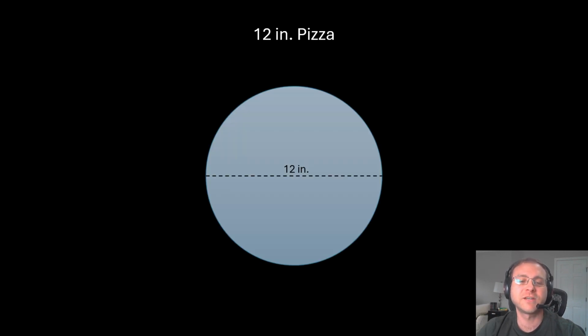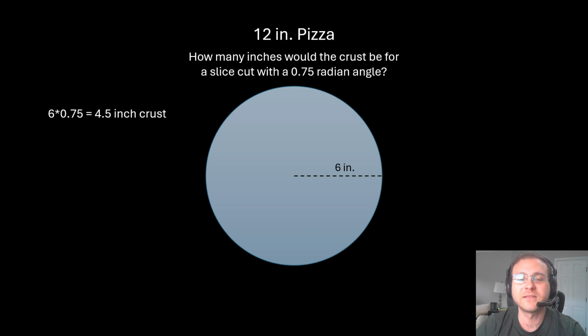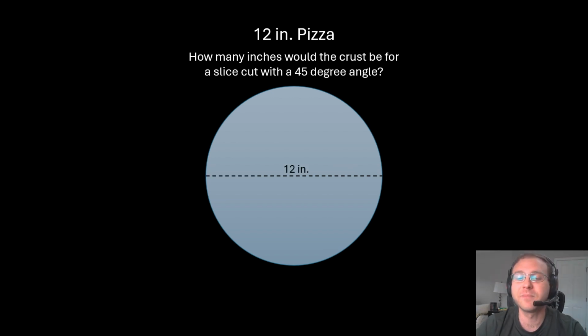So a variation on that last task would be, on that same pizza, how many inches would the crust be on a slice cut with a 0.75 radian angle? So we'll just multiply that 6-inch radius by the 0.75 to get 4.5 inches. If I said, how many inches would the crust be on a slice with a 45-degree angle?